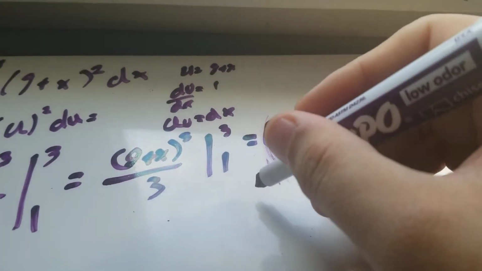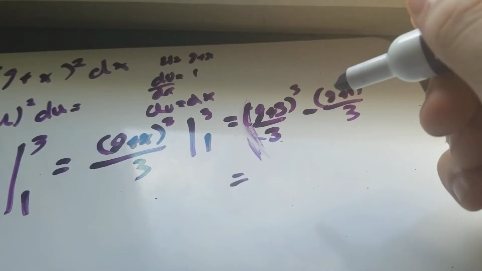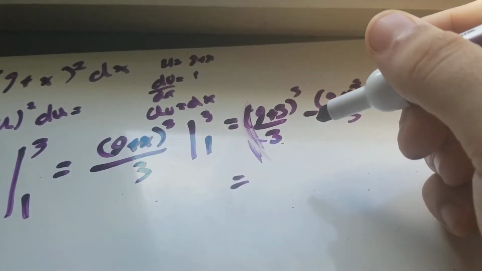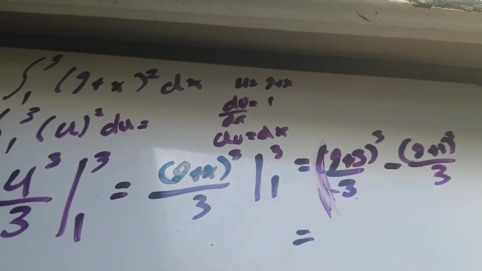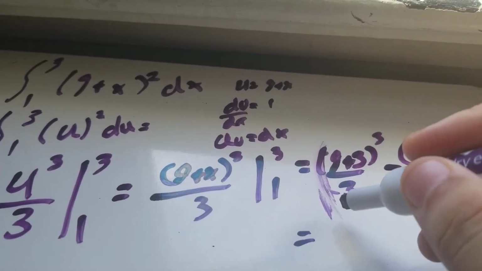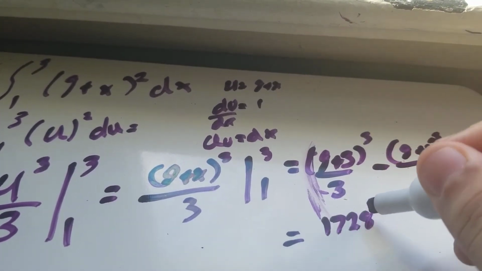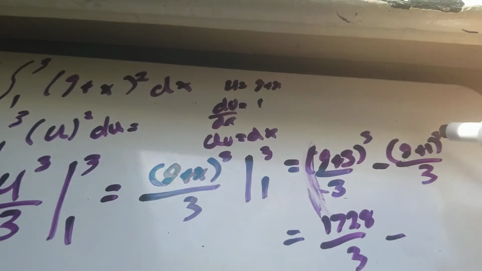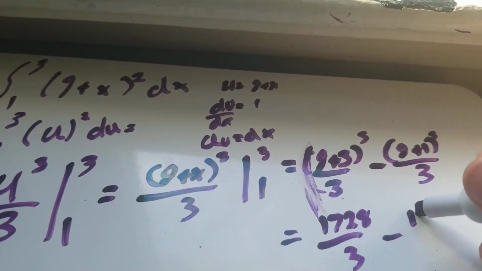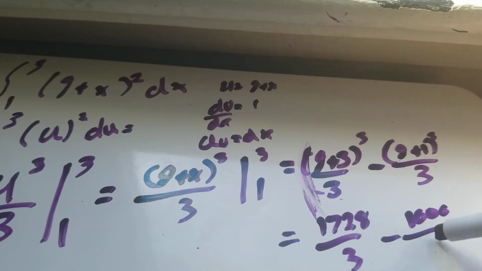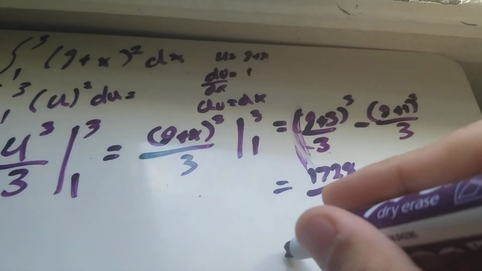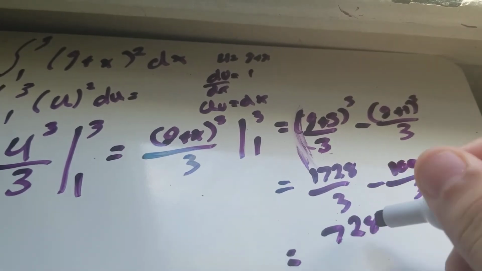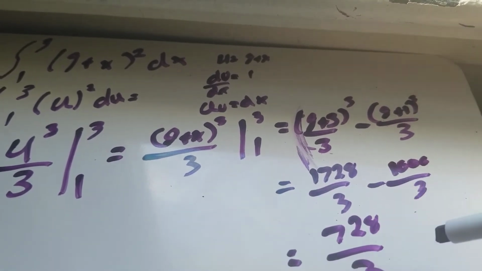Okay? So the first one is 12 to the 3rd power: 12, 144, 1728. So that is going to be 1728 over 3 minus 10 to the 3rd power, which is 1,000, over 3. 1728 minus 1,000 equals 728 over 3.